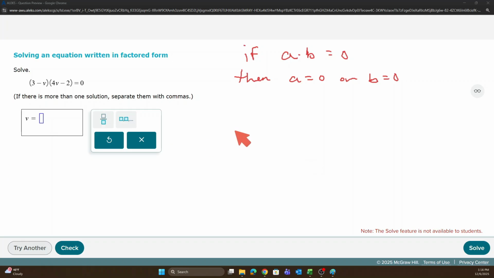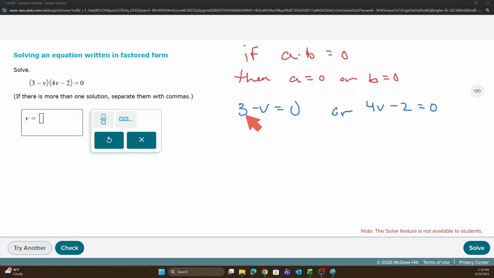All right, for this one, we're going to do the same thing that we did with the last one. We have 3 minus v equals 0. Okay, you know what? Let me restart this question. So for this one, we're going to do the same thing that we did in the last one. We're going to say 3 minus v equals 0 or 4v minus 2 equals 0.